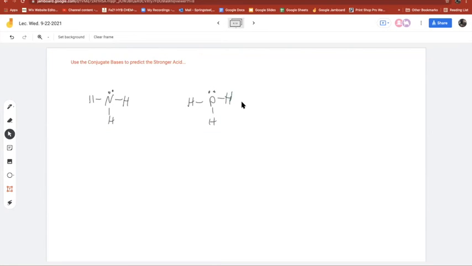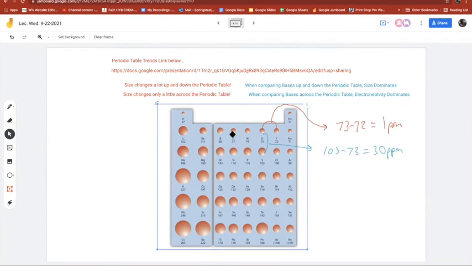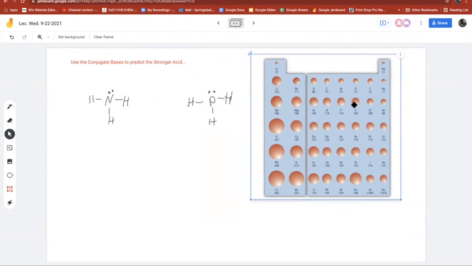So who do you think's the stronger acid here? I'll bring up the periodic table too. Let's take a look.